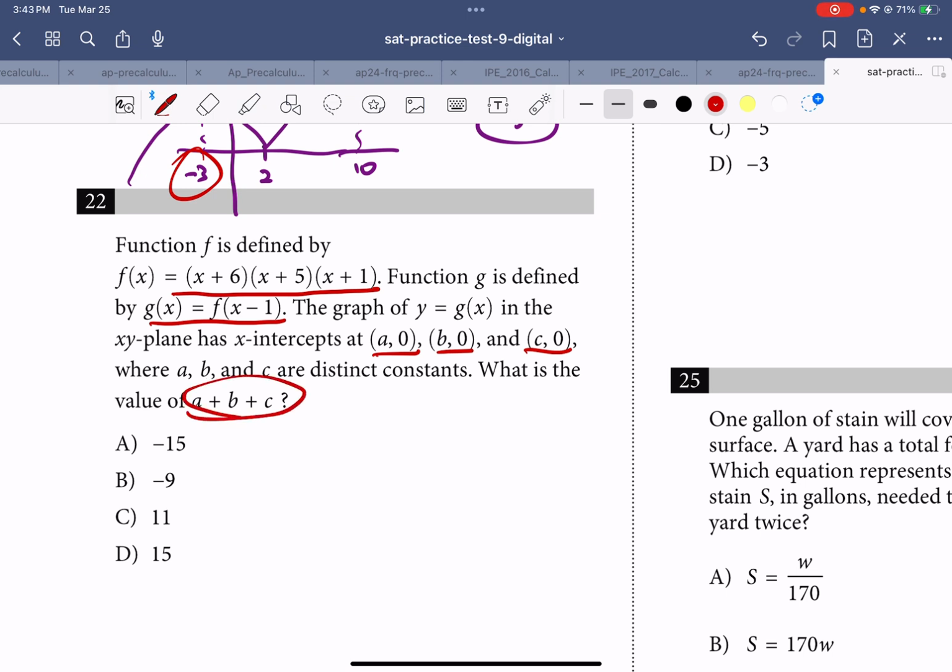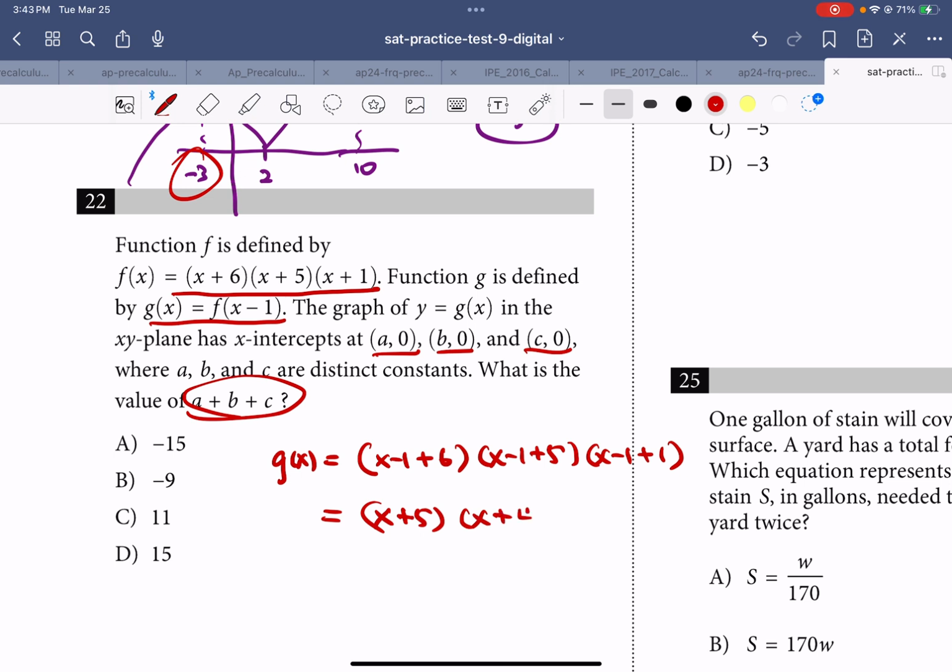Okay, so we can find g of x by plugging x minus 1 into f of x. When you plug it in, x minus 1 plus 6, x minus 1 plus 5, x minus 1 plus 1, then it becomes x plus 5, x plus 4, and just x.